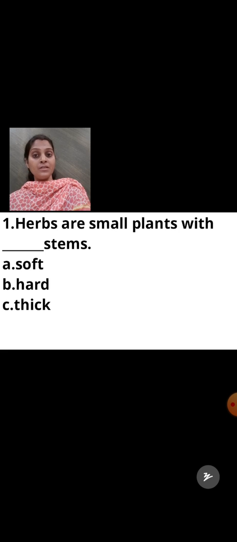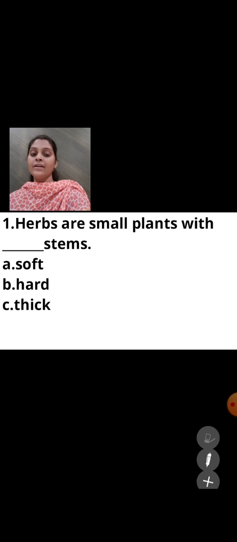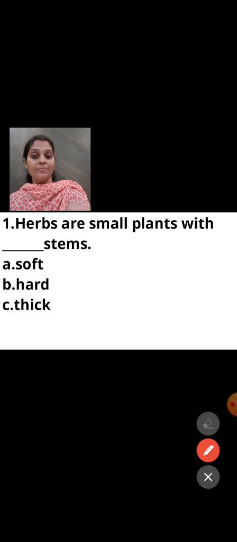Whichever is the correct option, you will tick that option and you will fill in the blank also. Think for the answer. Herbs are small plants with dash stem. Yes, that is soft stem. So you will fill in the word soft in the blank place also. Okay, let's move on to the next question.